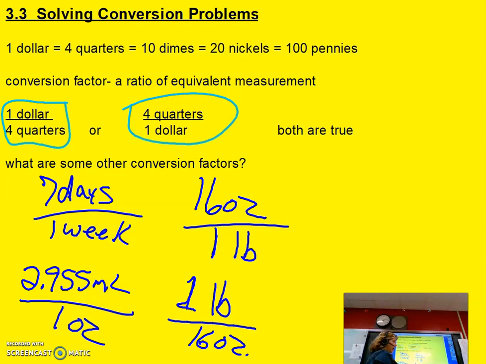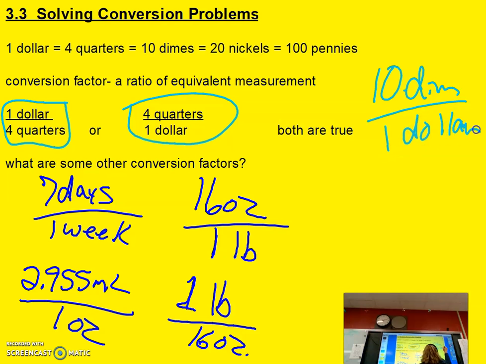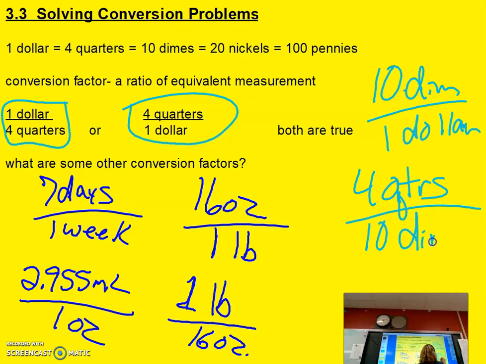And both are true. I could also write that there's 10 dimes in $1. I could even write that there's 4 quarters and 10 dimes are also a conversion factor.